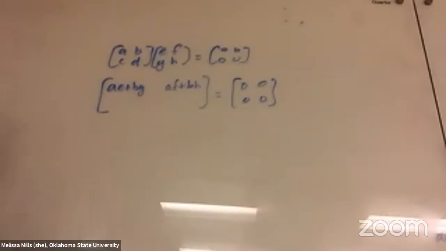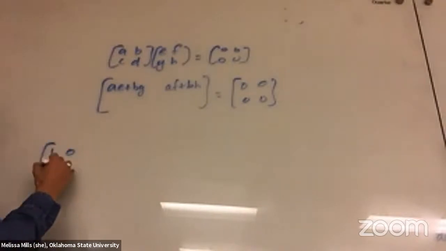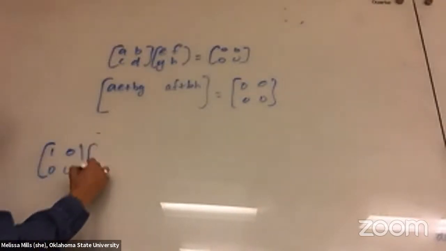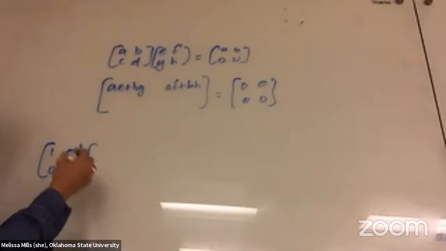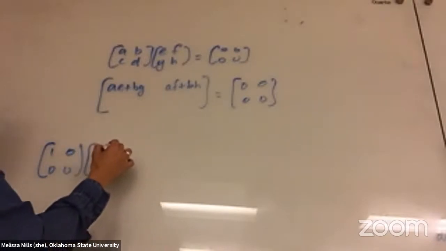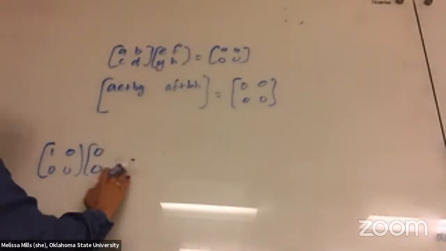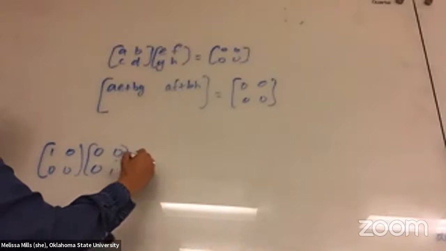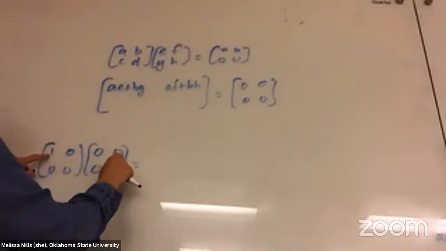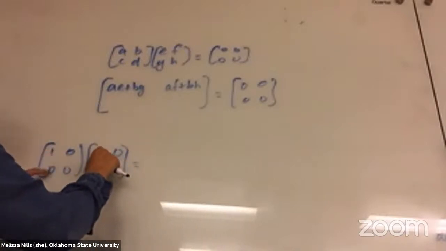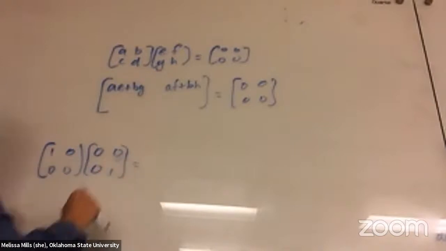So we can fiddle around with examples and see, can I make this happen? What if I had 1, 0, 0, 0 multiplied by, I mean, if they're mostly 0, can this work? What if I had 0, 1, 0, 0, or maybe the ones down here, right? Will that end up giving me 0? So I get 0, 0, 0, 0.